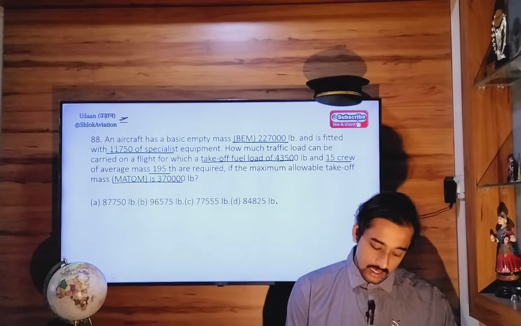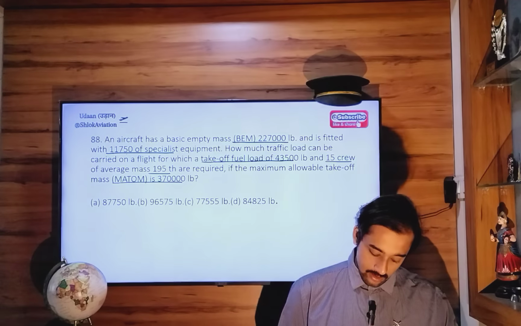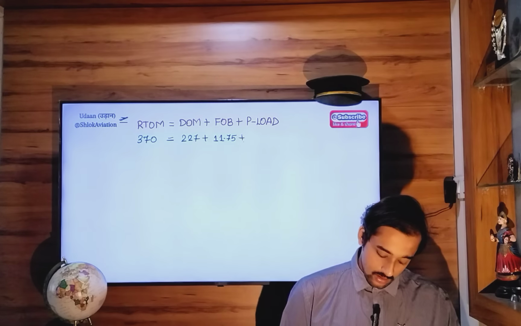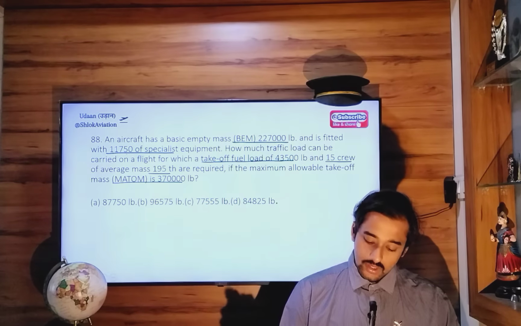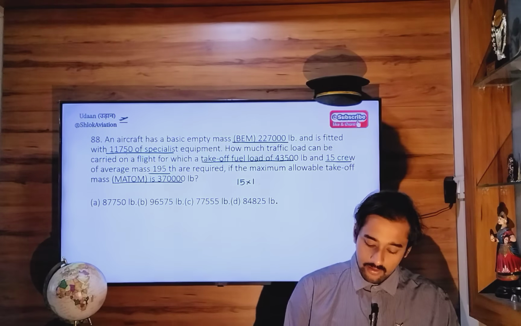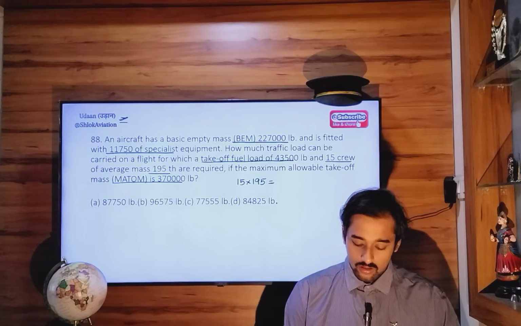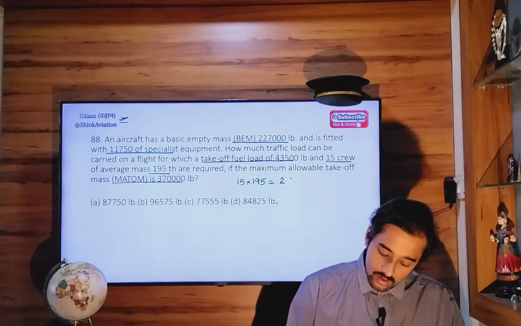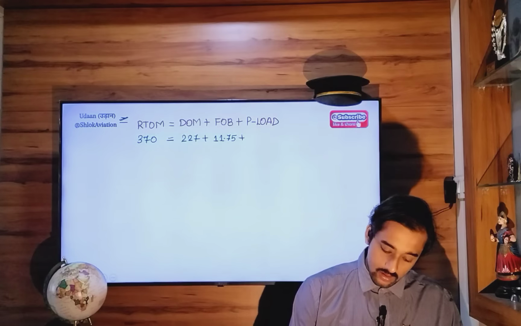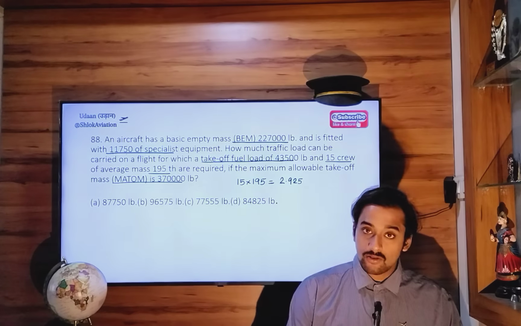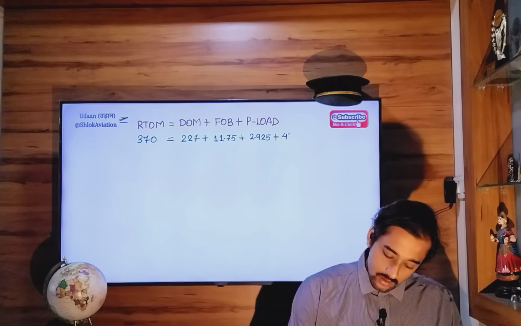Special equipment is 11,750, 11.75. Next, crew, 15 crew, each weighing 195. So 15 into 195 is 2,925, 2.925. Fuel on board 43,500, so 43.5 plus payload.